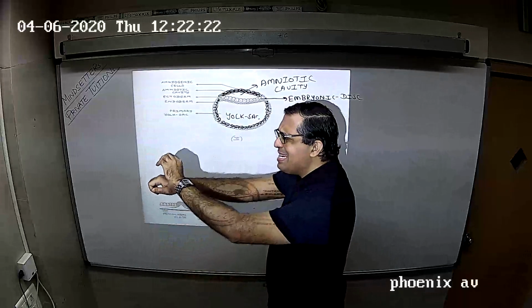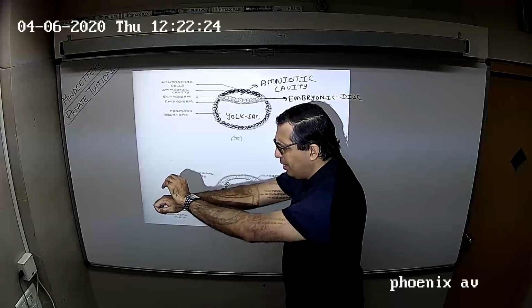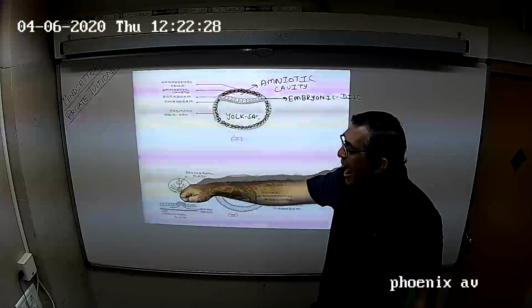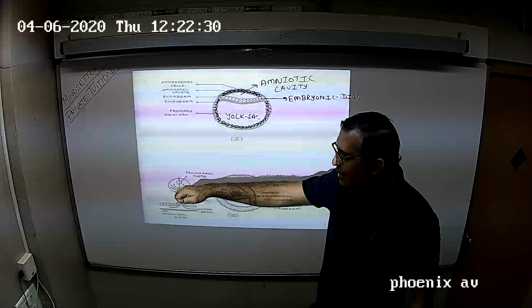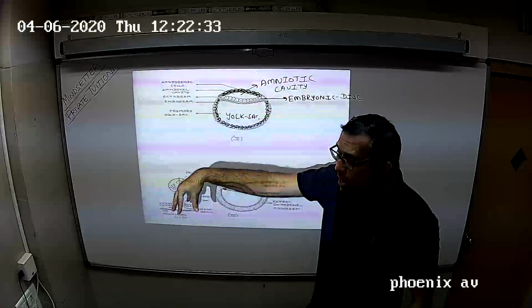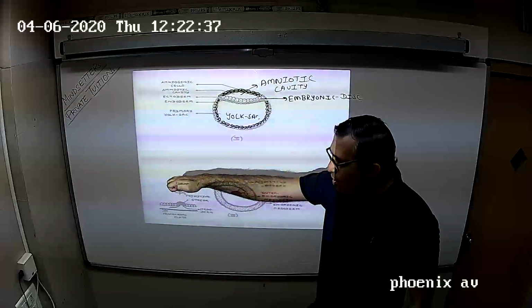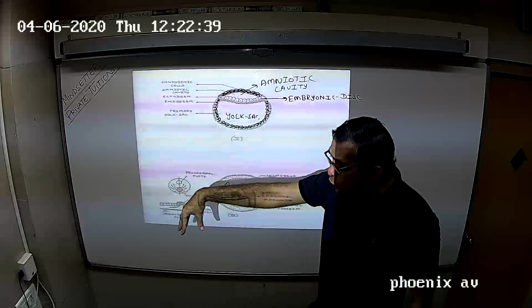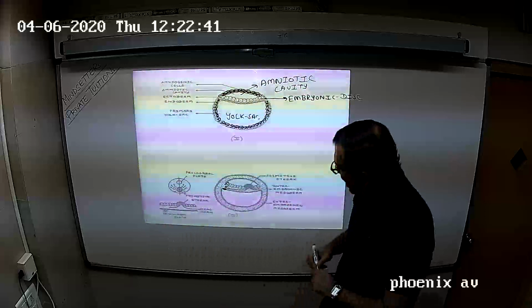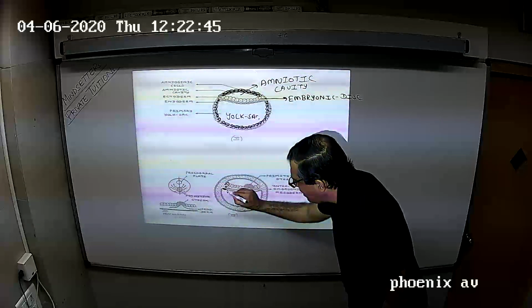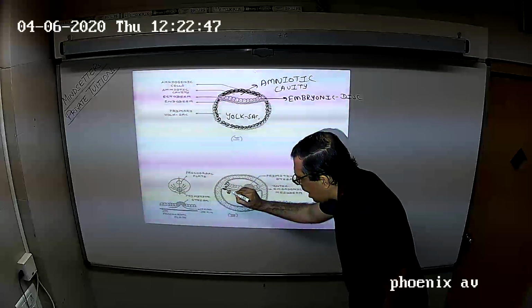Let us say 9 o'clock position. Sir, endoderm cells are flat. Flat endoderm cells become columnar. So in this area, flat endoderm cells have become columnar.